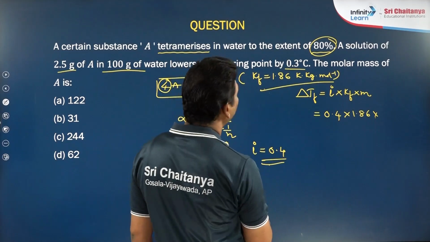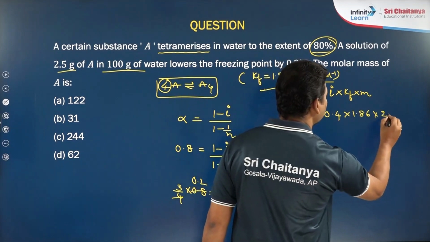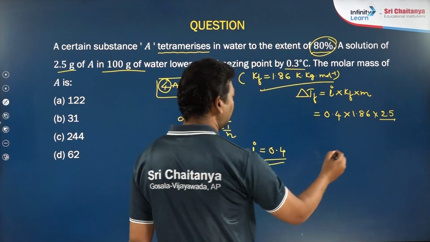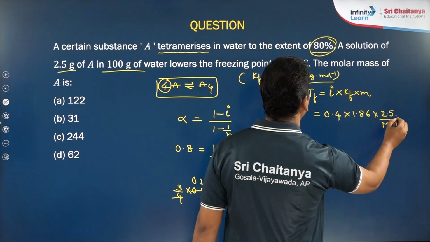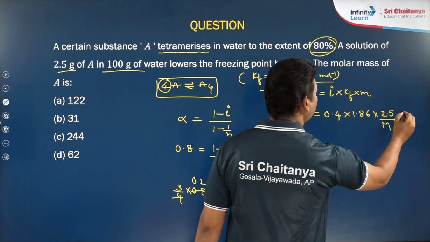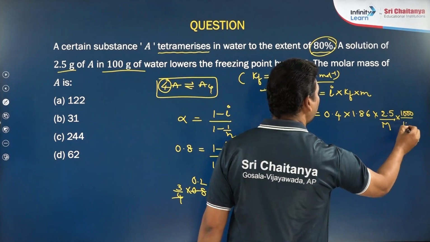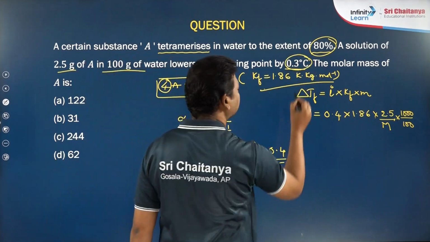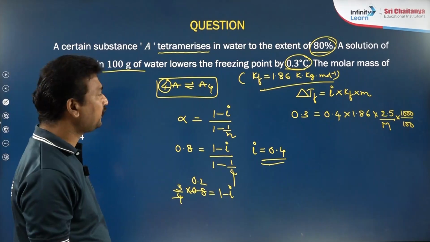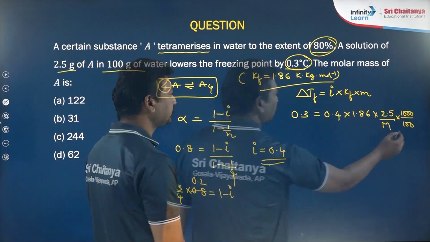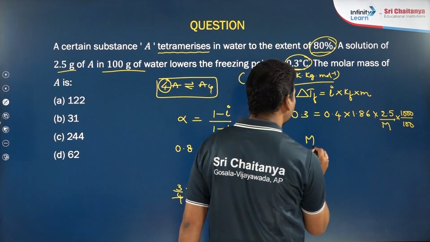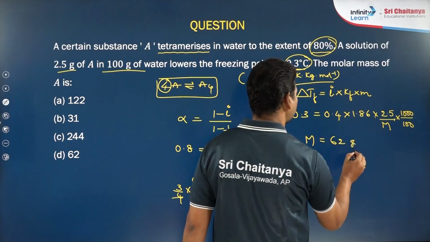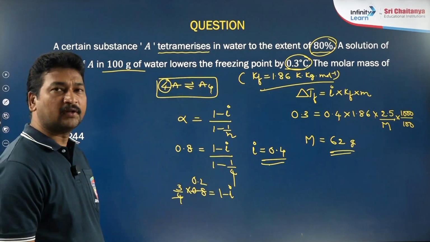What is the weight of the solute? 2.5 grams, weight of the solute by molecular weight of the solute we need to find out, into 1000 by weight of the solvent 100, and delta Tf is mentioned as 0.3, right? Substituting these, we'll get the molar mass as 62 grams.